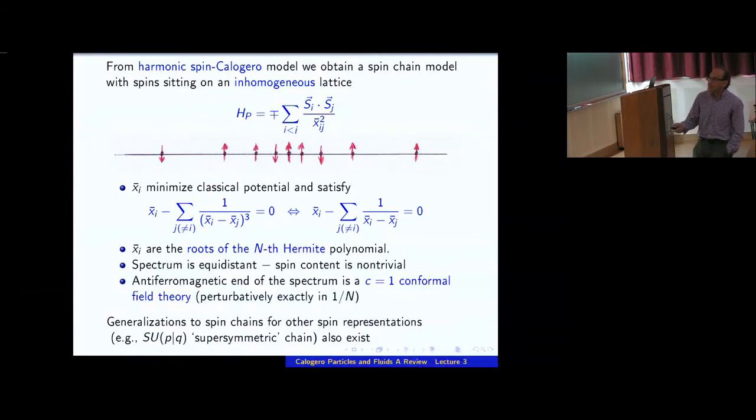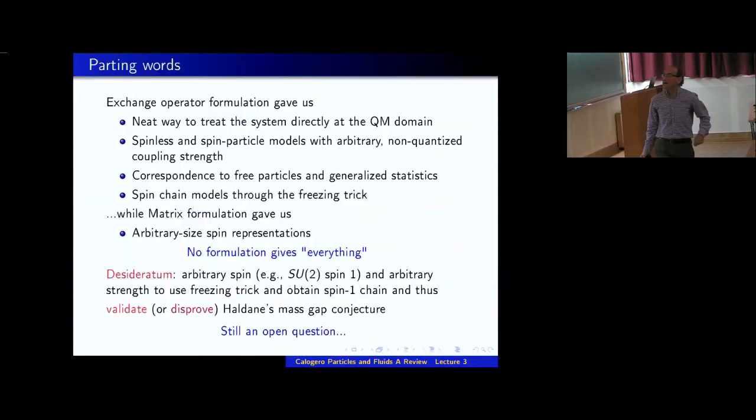Exactly. There are no 1 over n corrections. There are various other generalizations of this trick for other spin chains. You can produce an SU(p|q) supersymmetric spin chain and so on and so forth, but you get the idea.